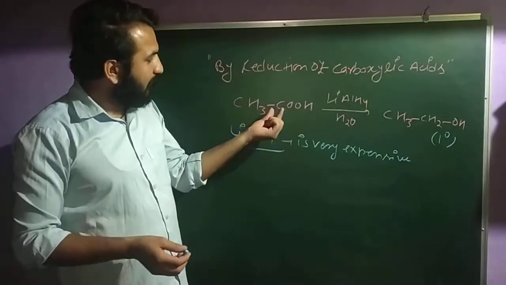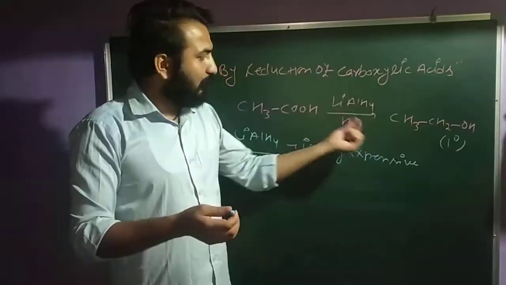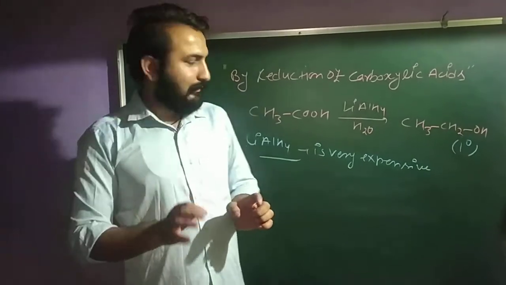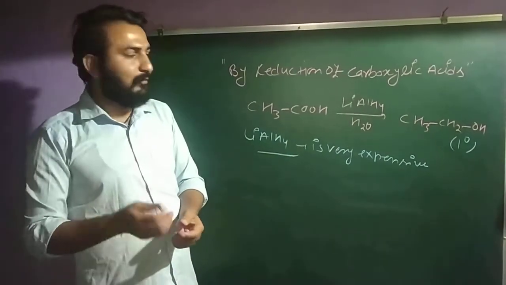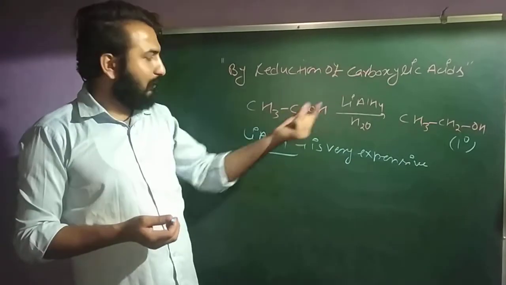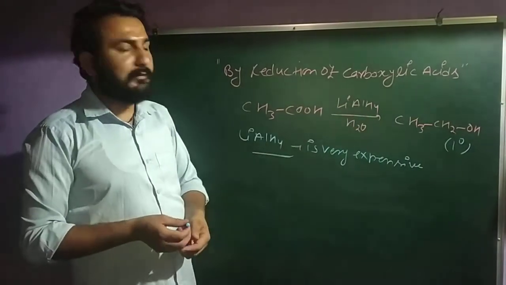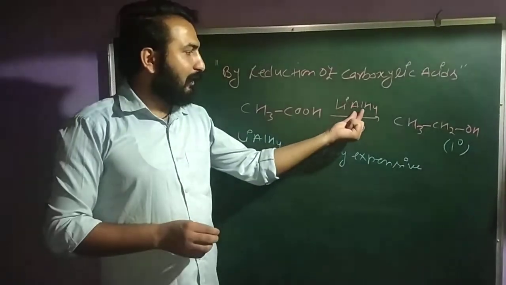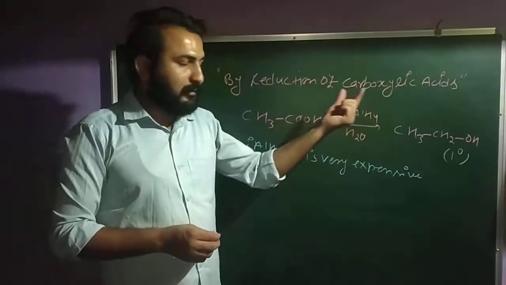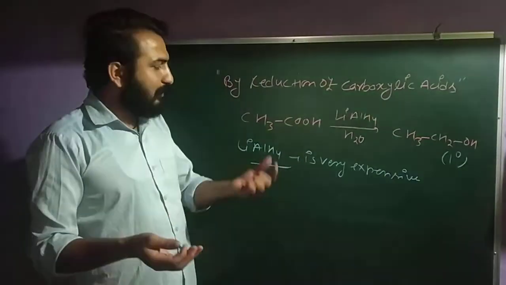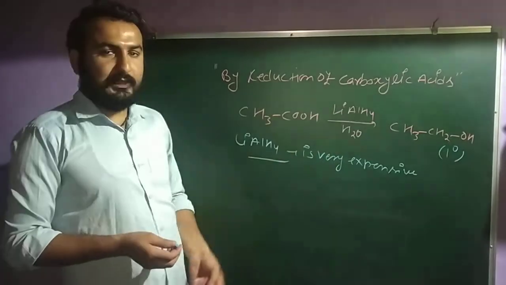So what do we do? We do a simple thing: we reduce the carboxylic acid firstly to the ester, and then we will get our alcohol.